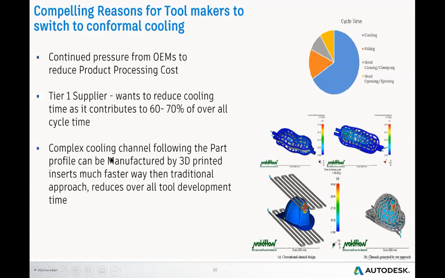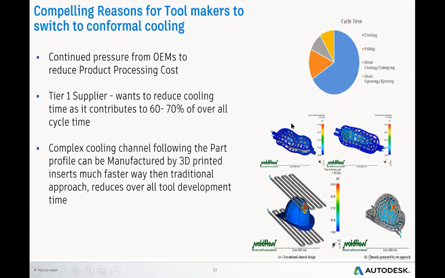Okay, conformal cooling is nothing very complex to understand, because it's quite easy: we want to make the cooling channel follow the part profile. That's the keyword. So it can be manufactured by 3D printing inserts, a much faster way than the traditional approach, and reduce overall tool development time.